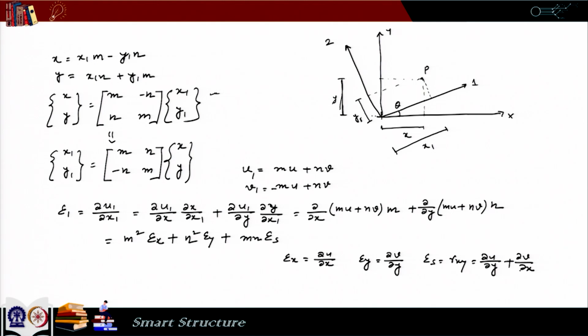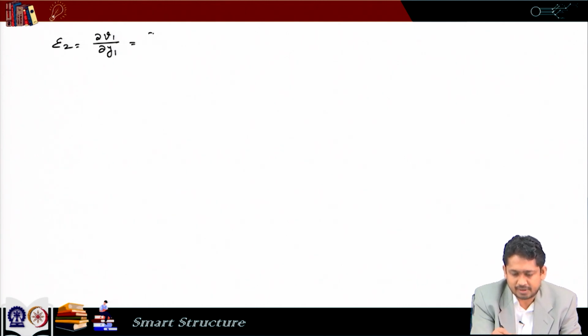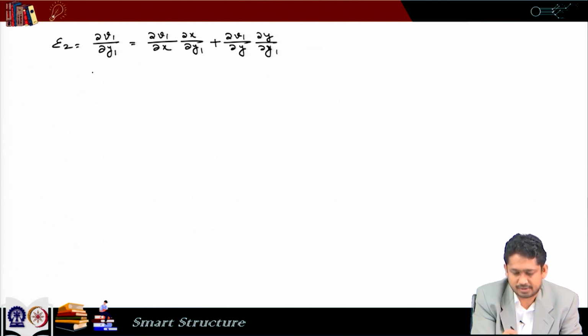Similarly, now we have epsilon 2 which is equal to del v1 by del y1 and this we can write as del v1 by del x multiplied by del x by del y1 plus del v1 by del y multiplied by del y by del y1.